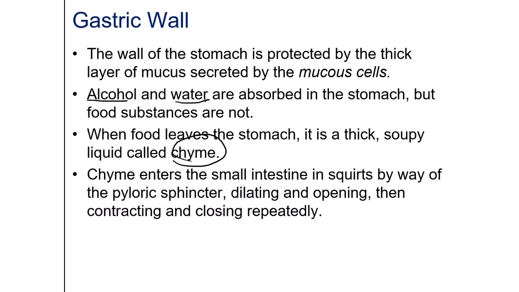Another reason why this is necessary is that the duodenum is not protected by mucus, right? So you cannot overwhelm it with too much acid at a time. It's going to burn it. So just a little bit at a time, so that you will have time to neutralize the acid, and you can neutralize the acid because of a secretion that is coming from the pancreas. I will elaborate on that in the coming slides.